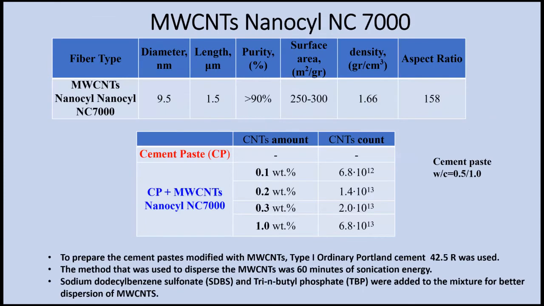So let's start talking about multiwall carbon nanotubes, which are recognized as the most commonly used materials for improving the properties of cement-based composites. In our study, in order to prepare cement paste modified with multiwall carbon nanotubes, type 1 ordinary Portland cement was used. 4 different proportions of multiwall carbon nanotubes, such as 0.1%, 0.2%, 0.3%, and 1% by mass of cement, were applied in order to prepare nanomodified cement-based specimens.